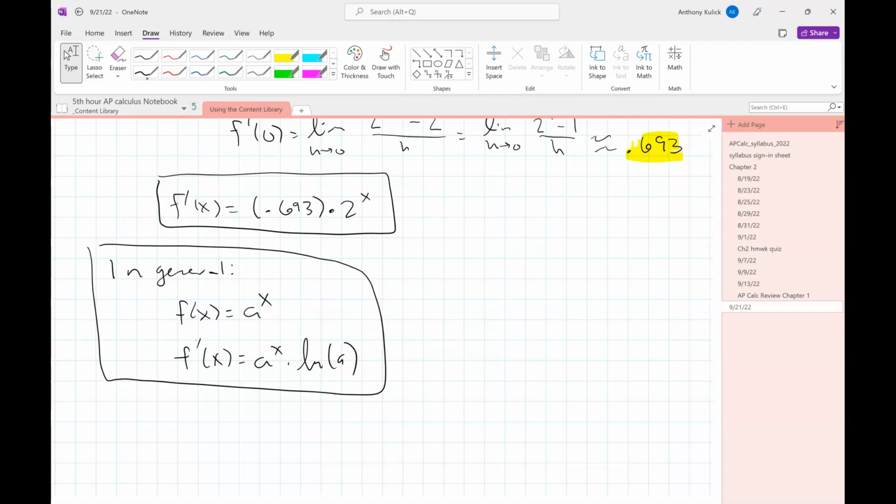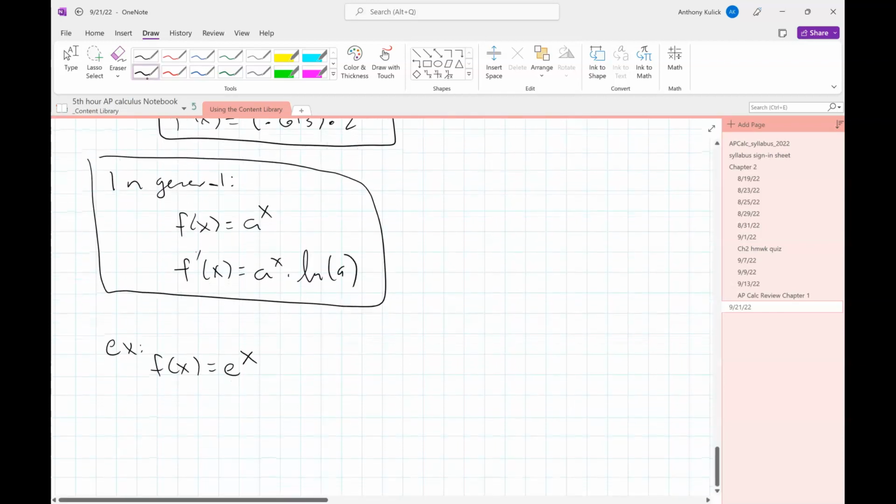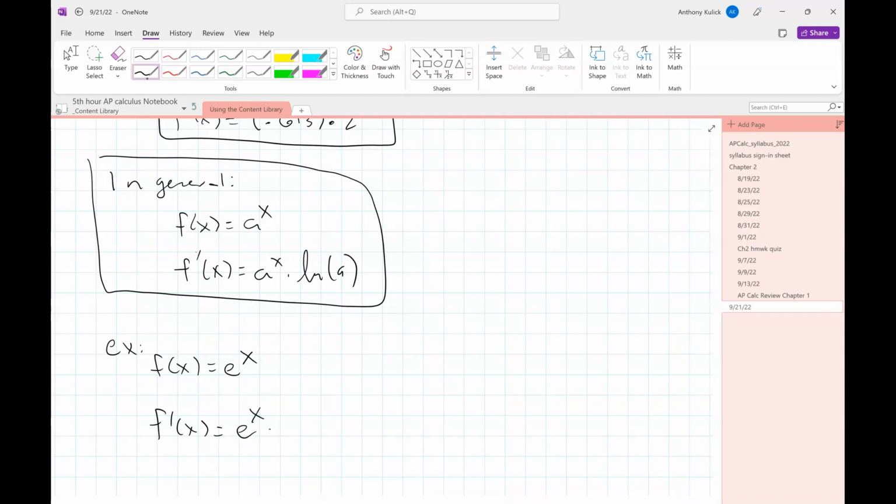So what if we did the same thing with e^x? What's the derivative of e^x going to be? e^x times natural log of e. And what's the natural log of e? 1.